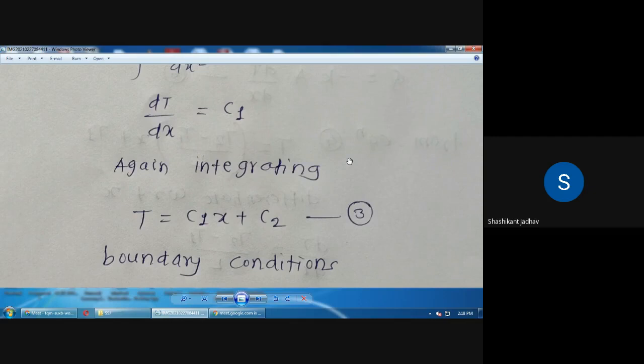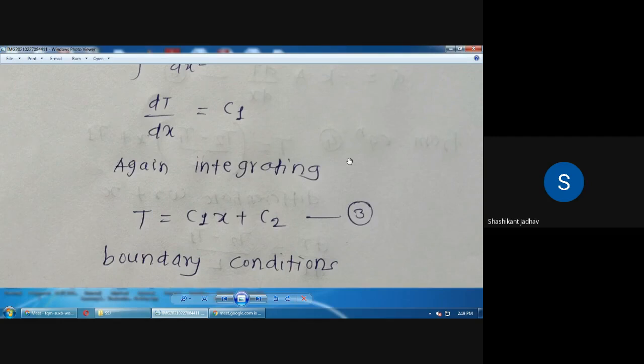From that plane wall, what are the different boundary conditions? Anyone can tell me? Suppose at x is equal to 0, what is the value of temperature? X is equal to 0 means thickness is equal to 0, L value is equal to 0.